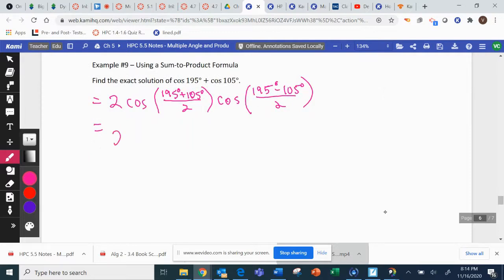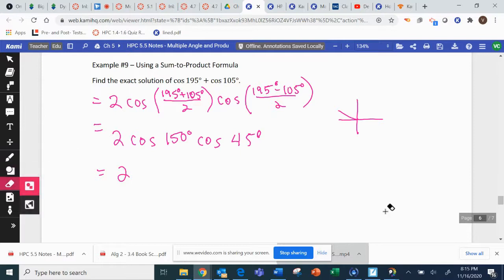So we've got 2 cosine, this will be 300 over 2, so 150. And then cosine 45 degrees. Oopsies, 45 degrees. So we've got 2, and then the cosine of 150 is... that was not a good example.